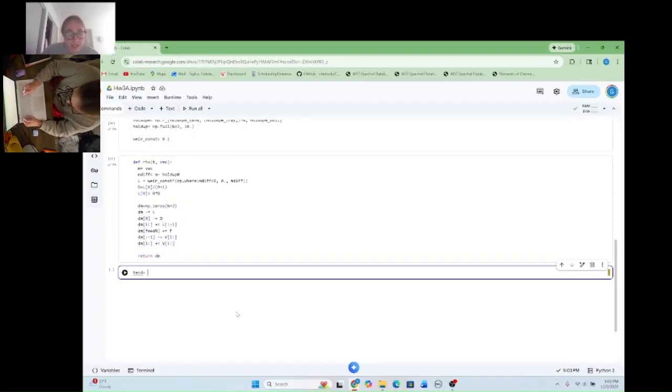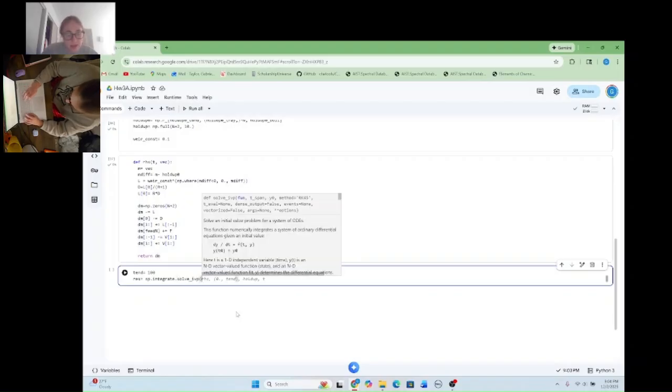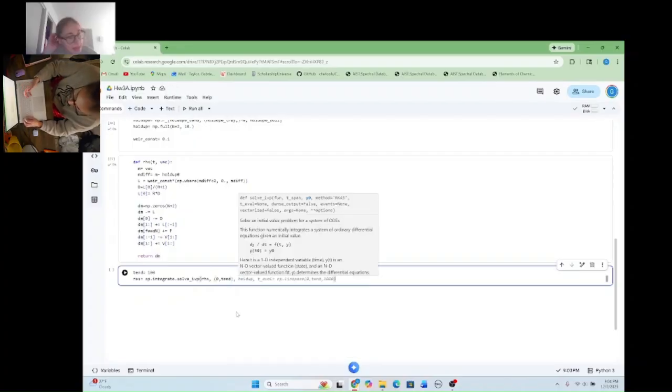So we have Tn is equal to 100, and then what we want to do is let's do res equal to sp.integrate.solve_ivp. Then you have your right hand side. This is going from 0 to Tn. And then from that we have our holdup.